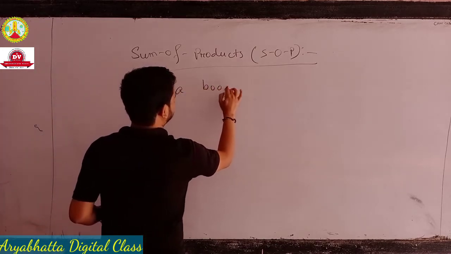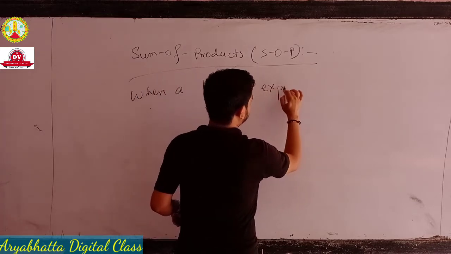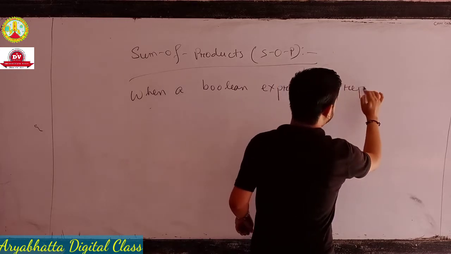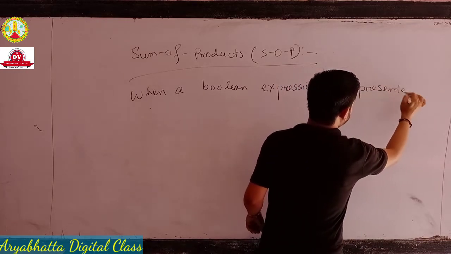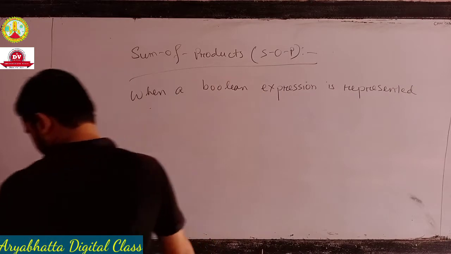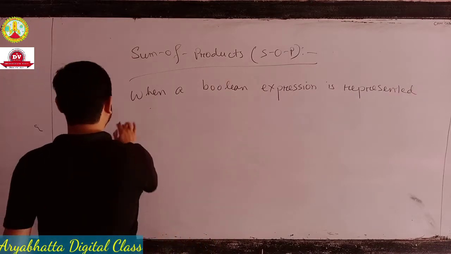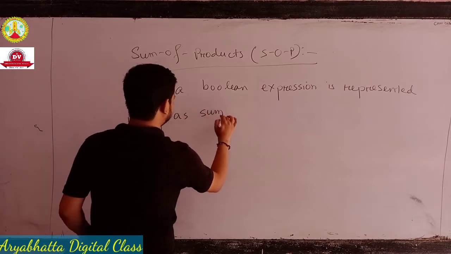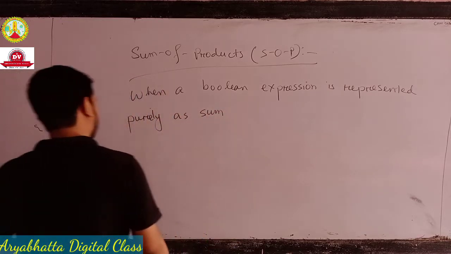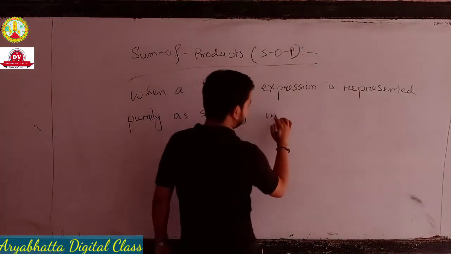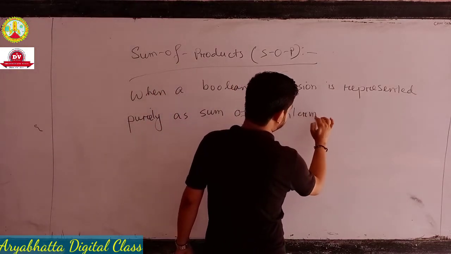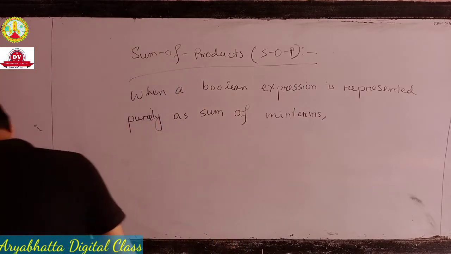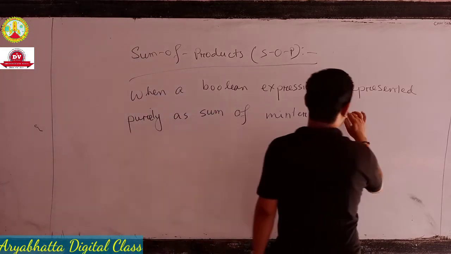When a Boolean expression is represented purely as a sum of minterms, which I already told you, it is said to be in canonical sum of products form.